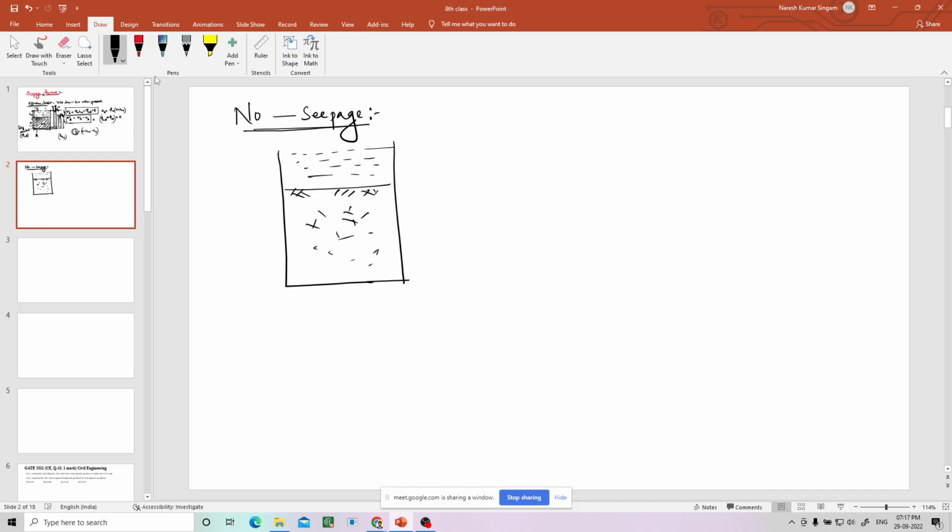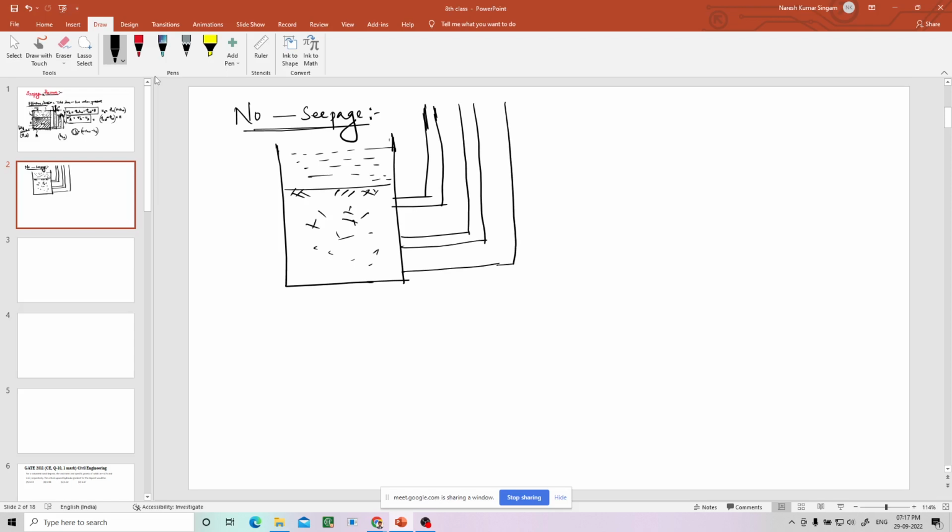This is only water. Now I am taking tubes at different levels. The tube height is more than the height of the sample container.